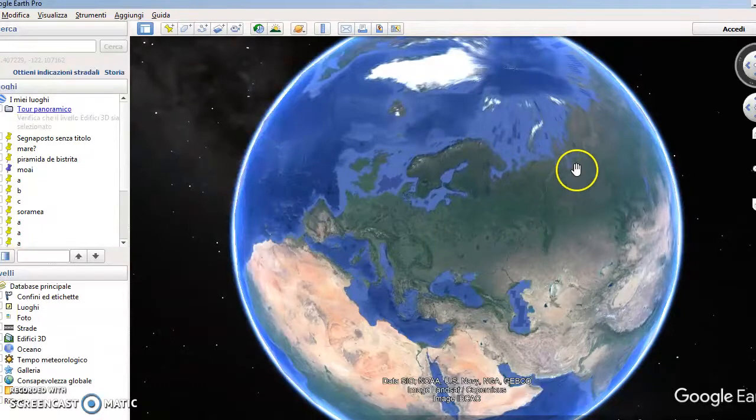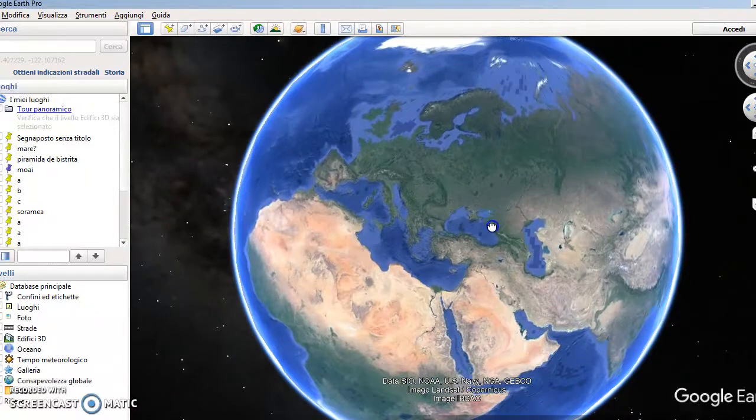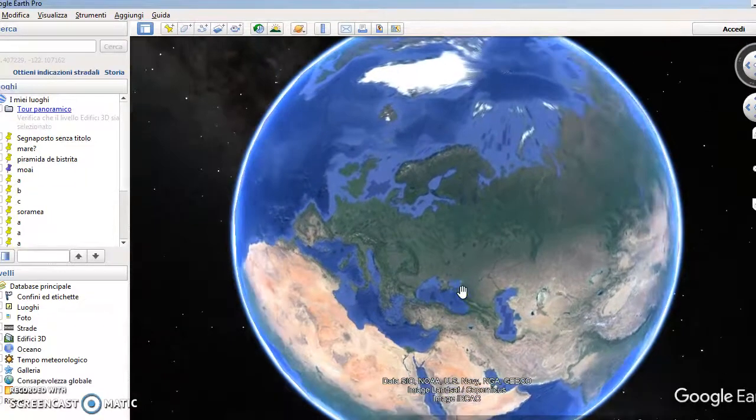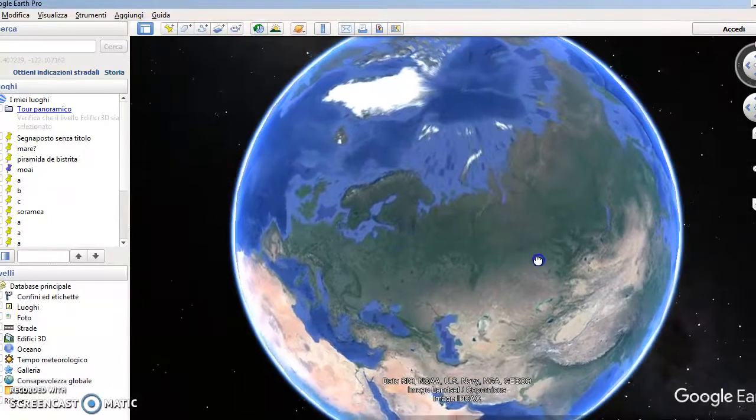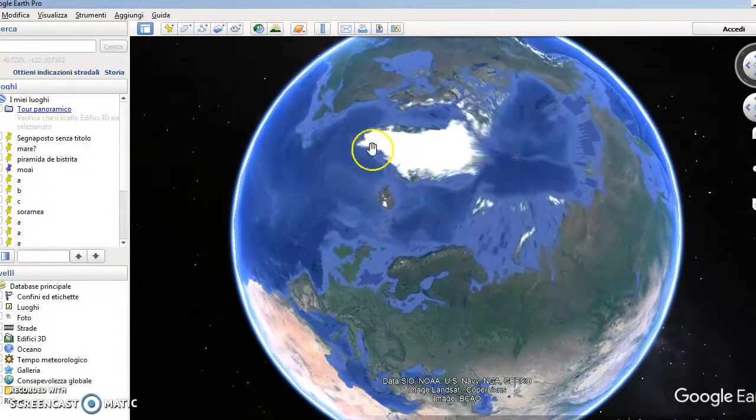So it's very difficult. I discovered that I was a bit wrong, and I had to do a rectification. So this is the stomach, and we have a view from above.